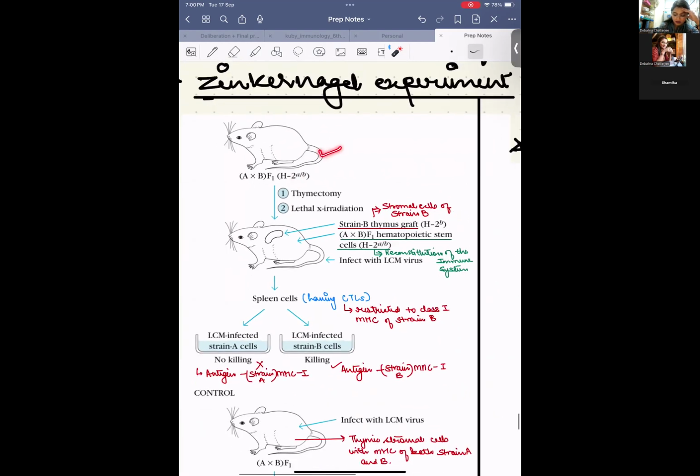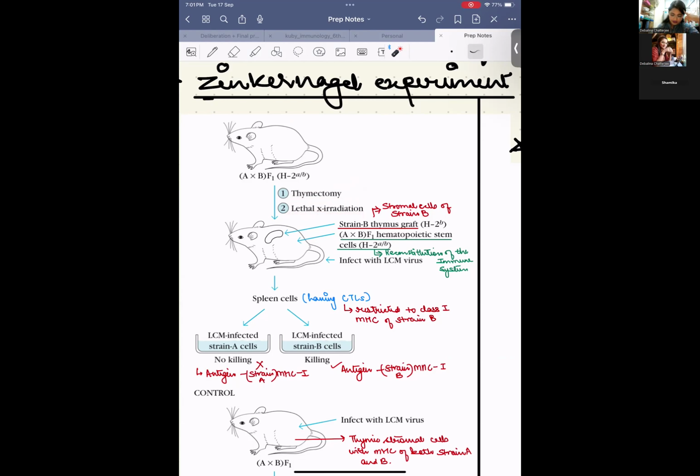This mouse underwent experimental thymus removal. This process, thymectomy, is nothing but the surgical removal of the thymus. So thymus removed means all the T cells, all the thymic stromal cells, everything is removed. And whatever cells were in the circulation have also been removed by lethal X-ray irradiation.